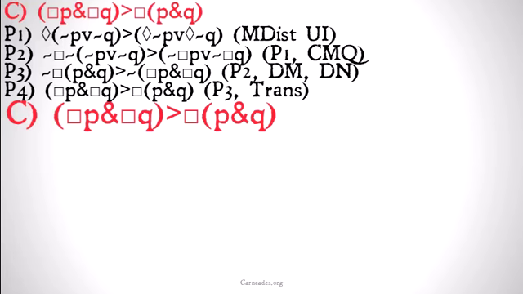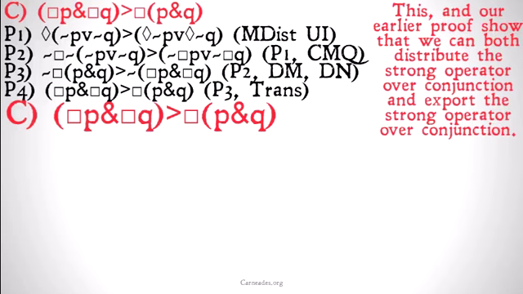A quick transposition will get rid of the negations and put everything in the right place to get us: it's necessary that P and it's necessary that Q implies that it's necessary that P and Q. This and our earlier proof show that we can both distribute the strong operator over conjunction and export the strong operator over conjunction, which means that it's necessary that P and it's necessary that Q is materially equivalent to it's necessary that P and Q.